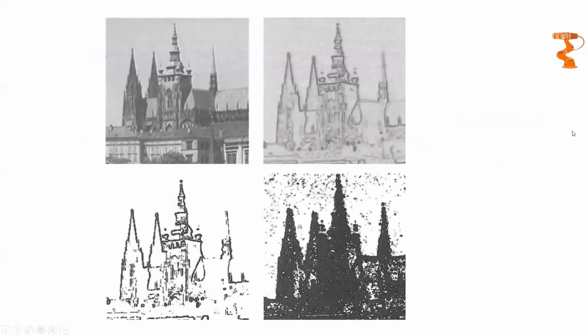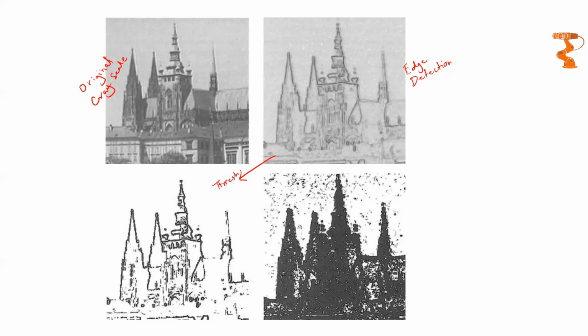Okay. For example, this is the original grayscale image. If you apply an edge detector on it, this will be the output of the edge detection. And if you apply thresholding onto this edge detection, this is what you are going to get.